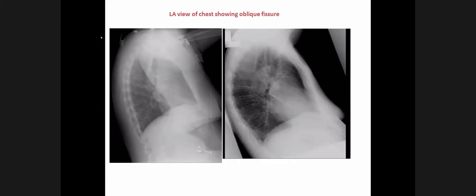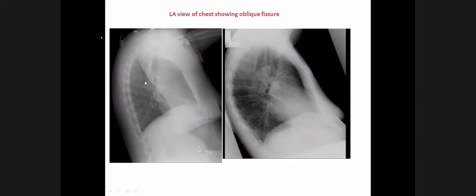If we look at the lateral only, the lobe that is posterior inferior to the oblique fissure is lower lobe in both, but you are not able to see definitely if this is the right or left lung. So I am going to give you two projections.